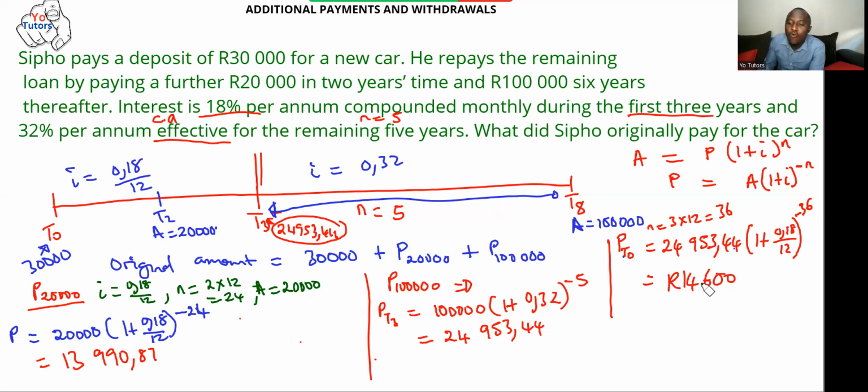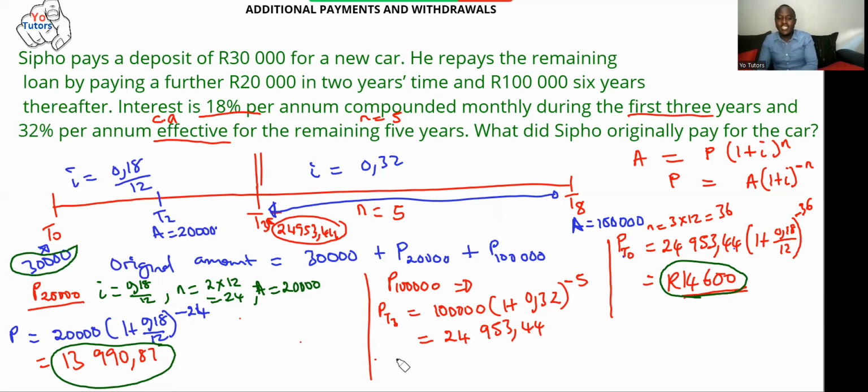Now we have got this amount that we have here, and this is our principal amount for the 100,000 here. And here we've got the principal amount for the 20,000, and we have the initial deposit of 30,000. Now we can add everything together.